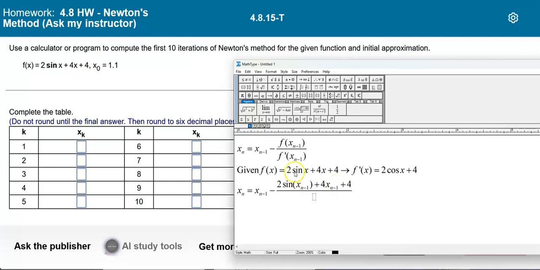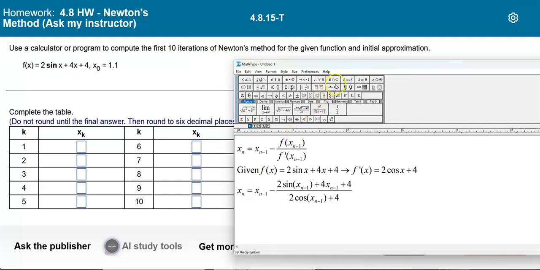And then we divide it by f prime, which is the expression we just got: 2 cosine of x, where x is now replaced by x sub n minus 1, so cosine of x sub n minus 1, plus 4. This is your expression that helps you find the value for x sub k. In this case, they are using a k instead of n. It is just a different letter.